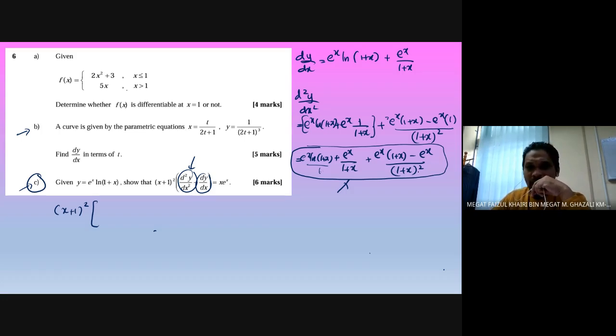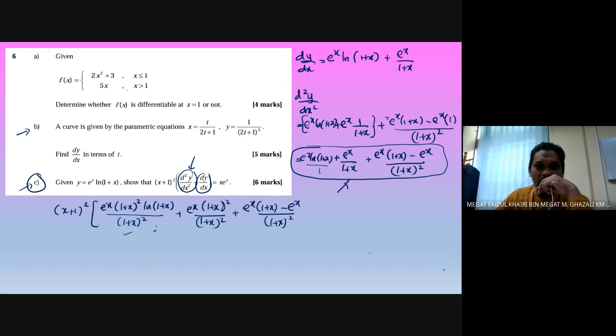So multiply with (1 plus x) squared. So we got e^x (1 plus x) squared ln(1+x) divided by (1 plus x) squared, plus e^x (1 plus x) squared divided by (1 plus x) squared, plus e^x (1 plus x) minus e^x divided by (1 plus x) squared.